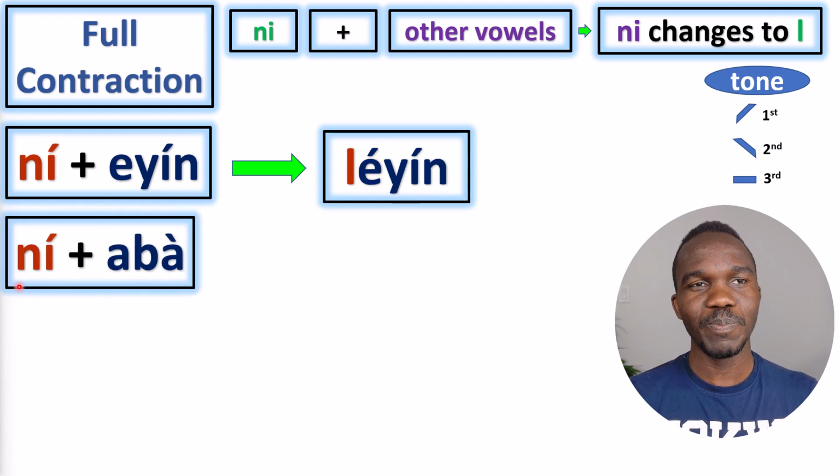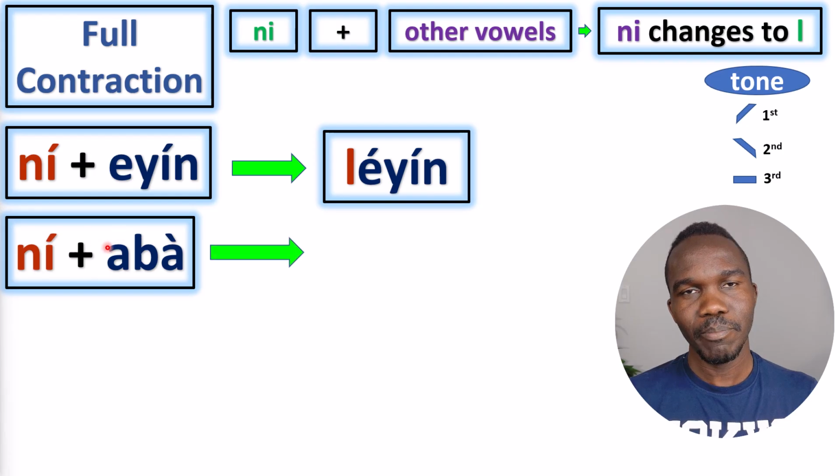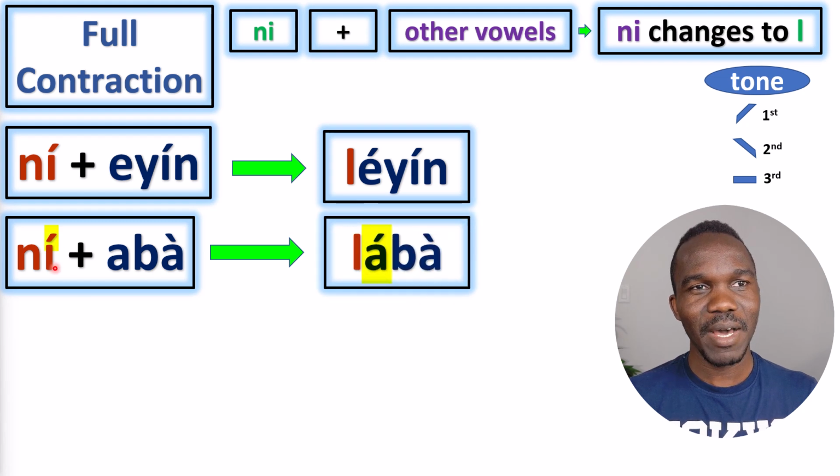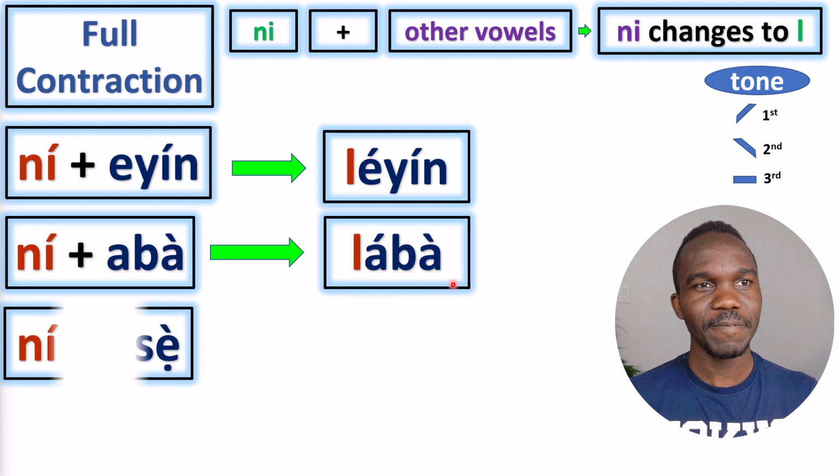What would be ni, re do, aba, ni aba. It becomes what? Mi, do, laba, and that's what, because ni turns to l and mi and re, mi wins. So mi, do, laba. Other thing stays, laba. Okay?